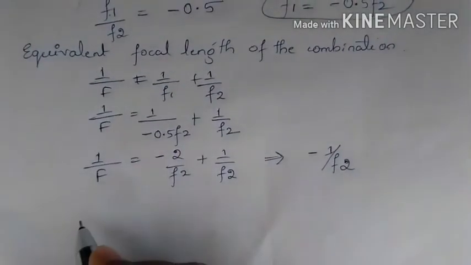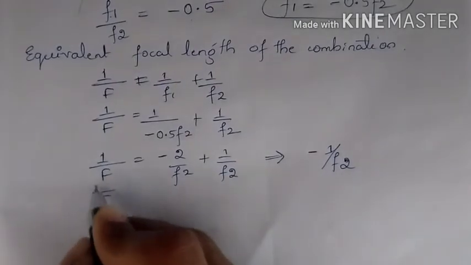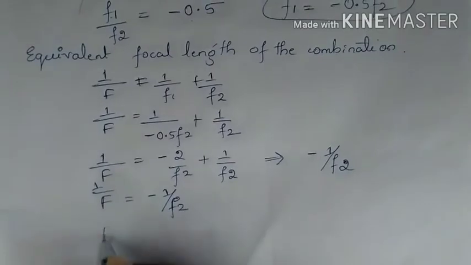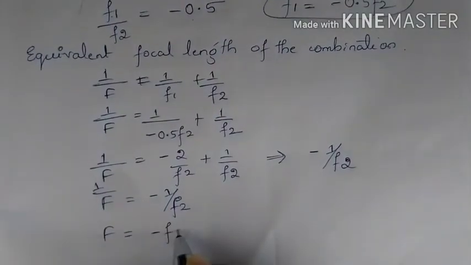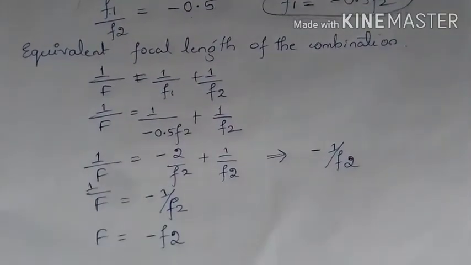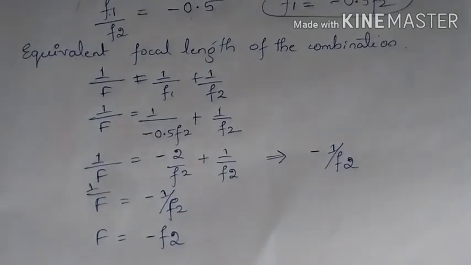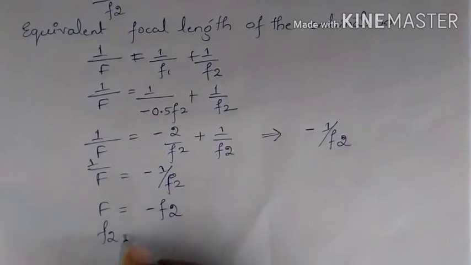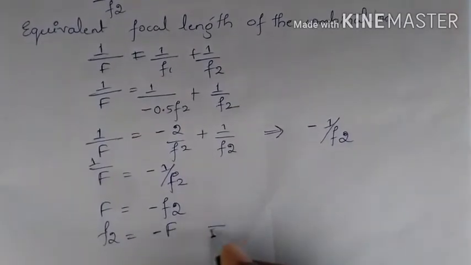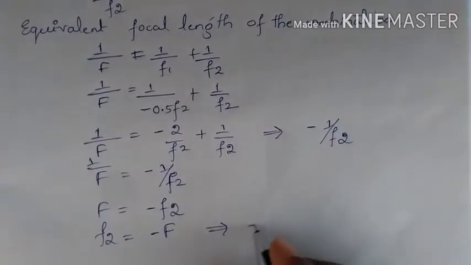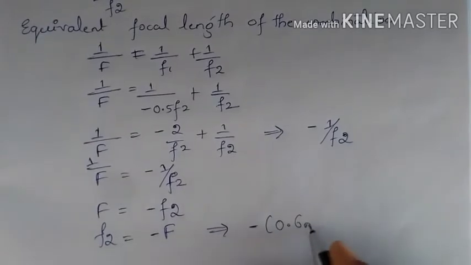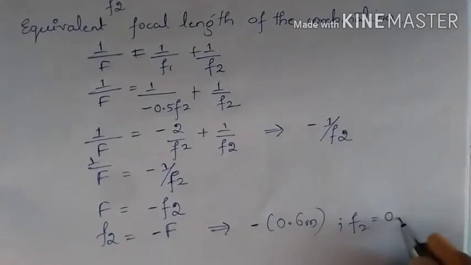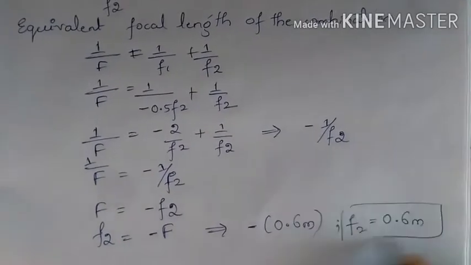So 1 by F is minus 1 by F2, and F will be minus F2. This capital F is given to us, so F2 will be equal to minus F, which can be written as minus 0.6 meters. So F2 is equal to 0.6 meters.